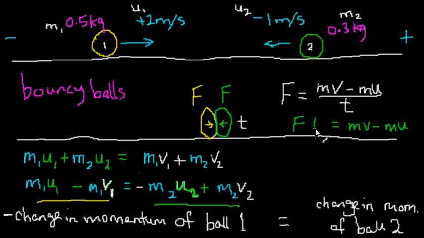So F times T is equal to this change in momentum. Now think about this equation for each ball. So let's say the yellow ball exerts a force on the green ball. That force is F, and it pushes against the green ball for a time T.